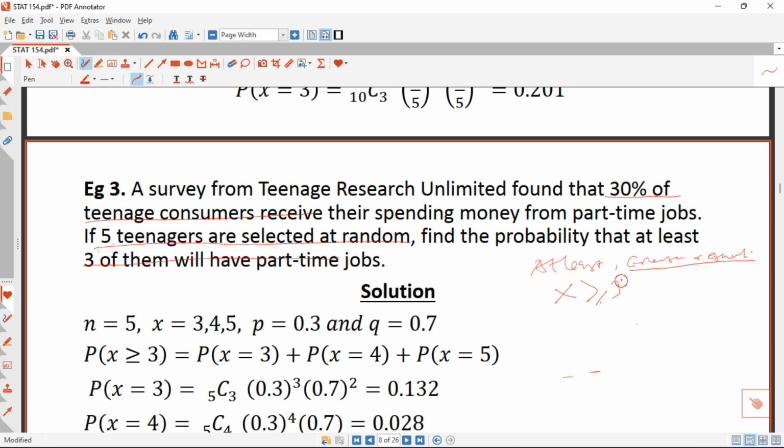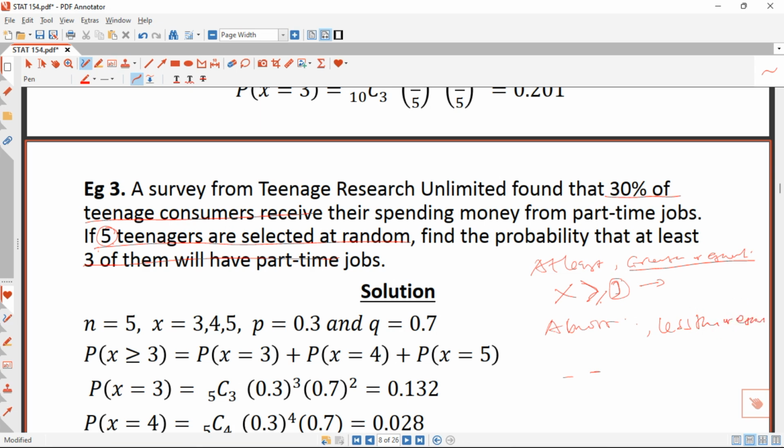So here I'm going to start from 3 up to 5. The at least here is greater than or equal to, and then the limit of x will end at our n, so we move from 3 to 5. What if we are asked about at most?